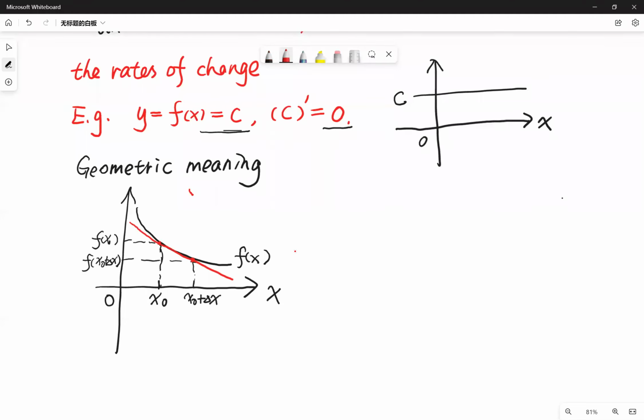From the definition, we have here the differential of f(x): the limit, where the limit here is not x approaching x0, it's delta x approaching 0, of f(x0 plus delta x) minus f(x0), over delta x.